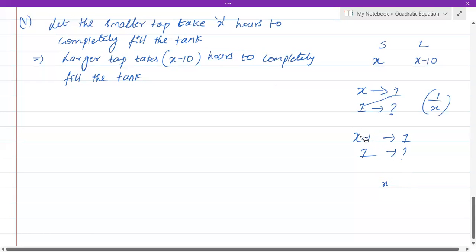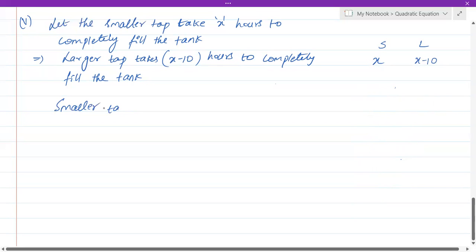Okay, so let's write down these two things. Work done by the smaller tap in 1 hour. How much is it? 1 by x, isn't it?